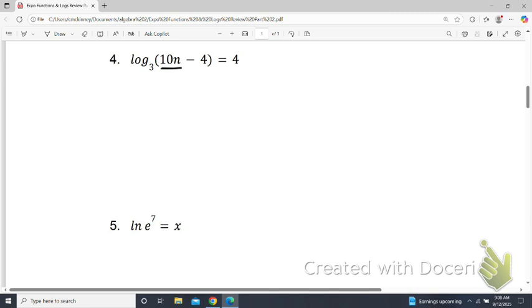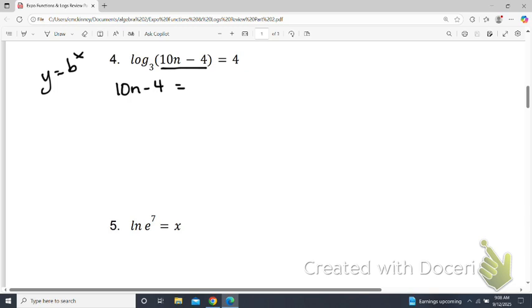So that means that my argument is like my y. Remember, like y equal b to the x. So my argument is my y. Which one is the base? Log base 3. That's how we even read it. Log base 3 of 10n minus 4.